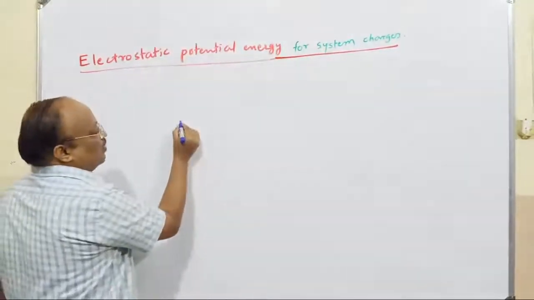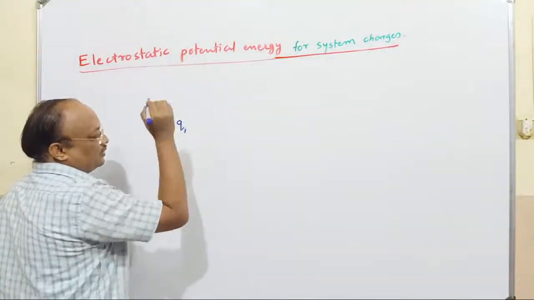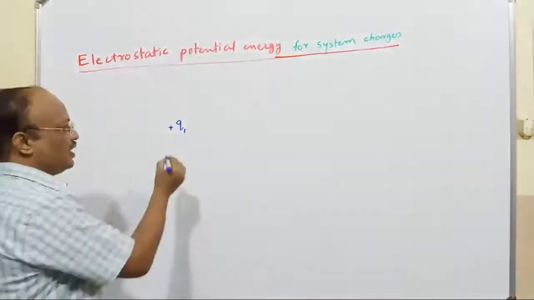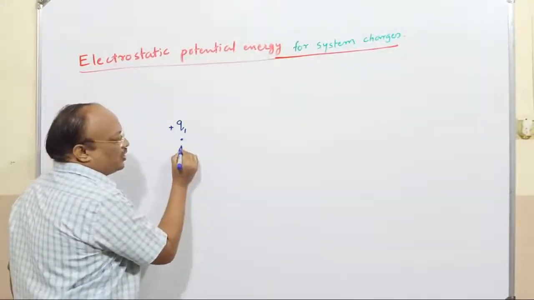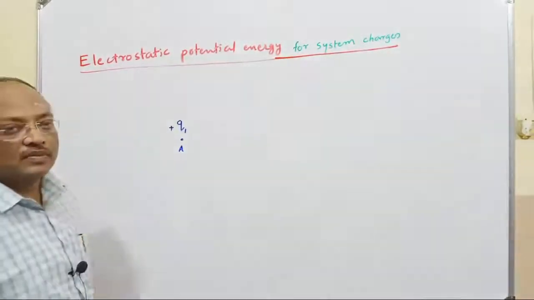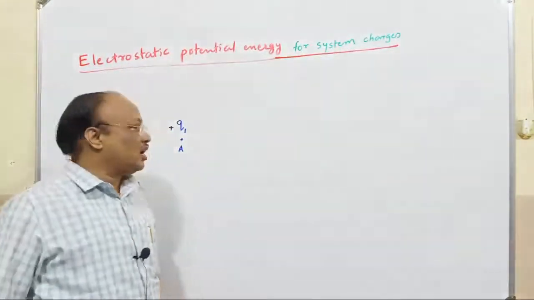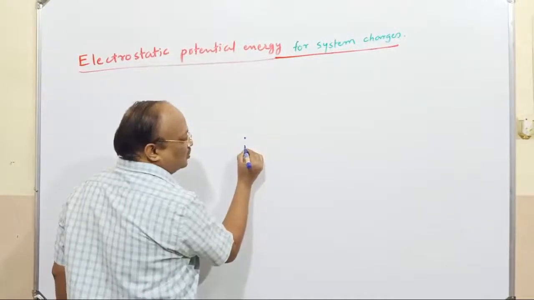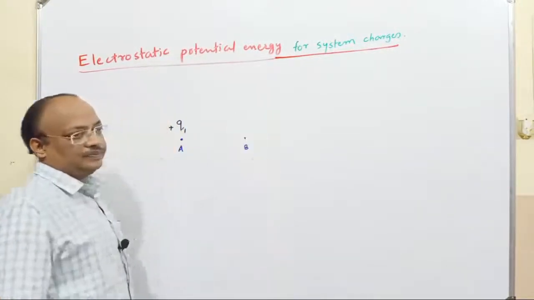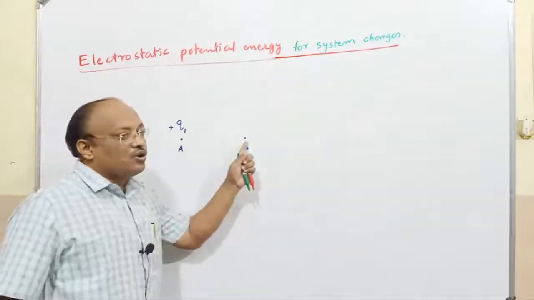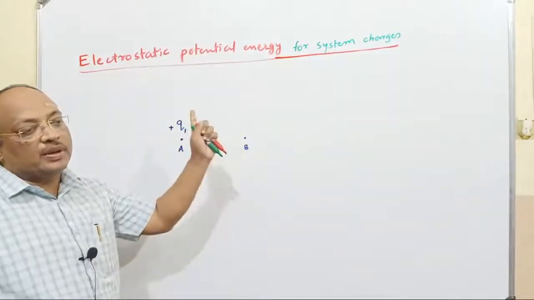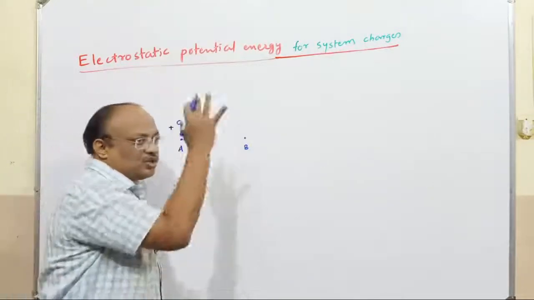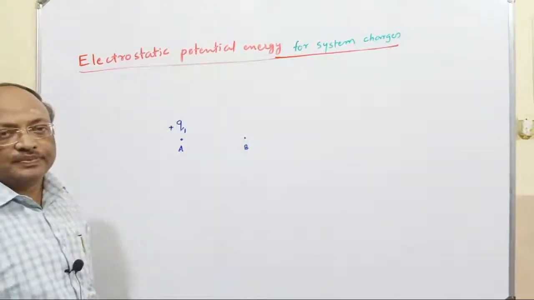If I have one charge Q1 here, let's consider this is plus Q1, placed at a position A. Now, I want to bring one more charge to this position B. Let us consider a positive charge only that I am bringing.